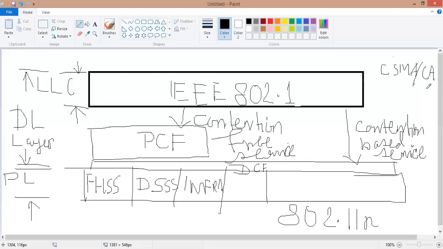The distance between stations can be great. Signal fading could prevent a station at one end from hearing a collision at the other end. So these are the reasons why I should use CSMA CA over CSMA CD.